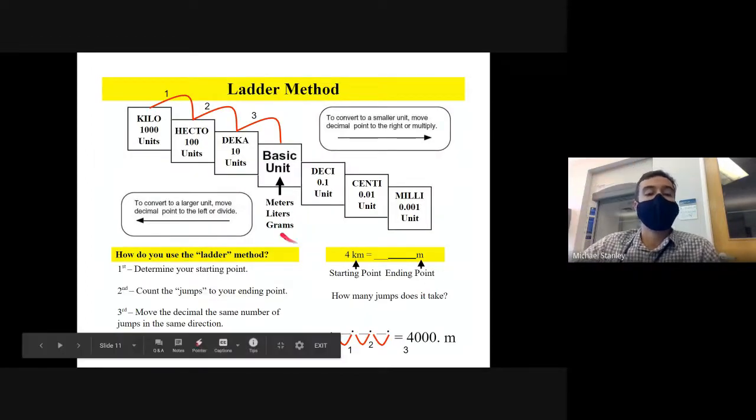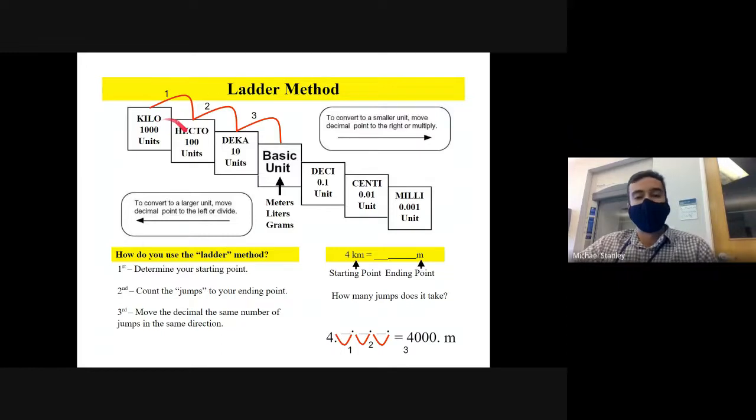So here is what is called the metric ladder, or the metric stairs, essentially. So we have our basic unit in the middle here. And so our base units are things like meters and grams and liters. And then we can go to the smaller units over here. So like centimeters and milliliters.